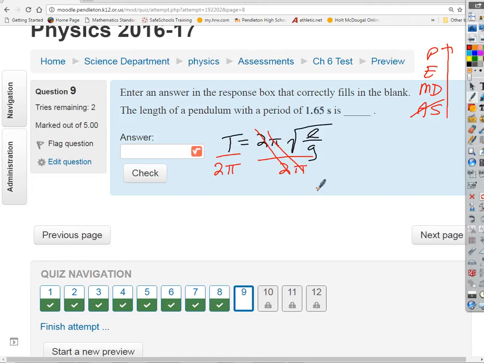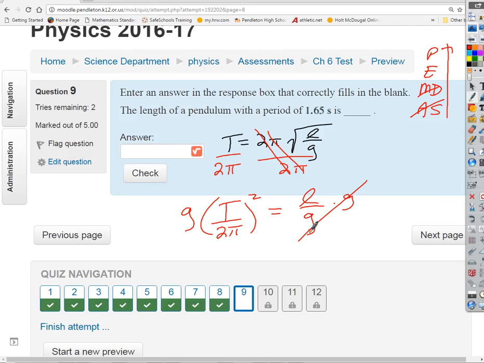Then we have to undo the square root. How do we do that? Square both sides. So that's going to give us t over 2 pi, quantity squared, equals L over g. Last step, multiply by g. So there it is. I just have to plug all that stuff in.